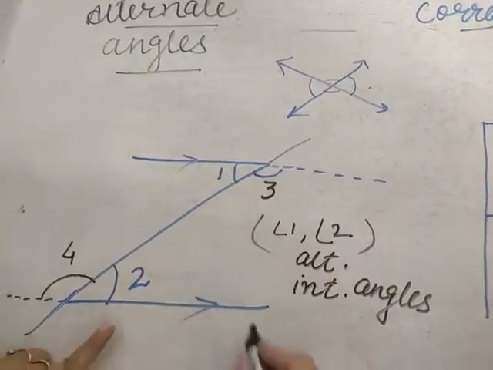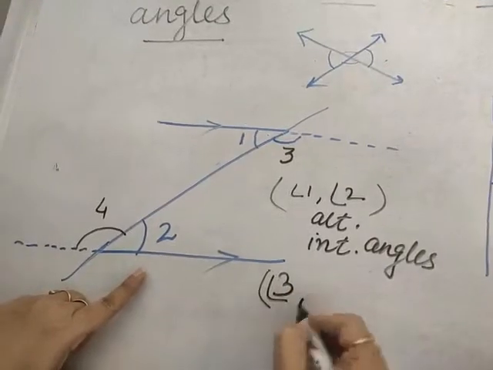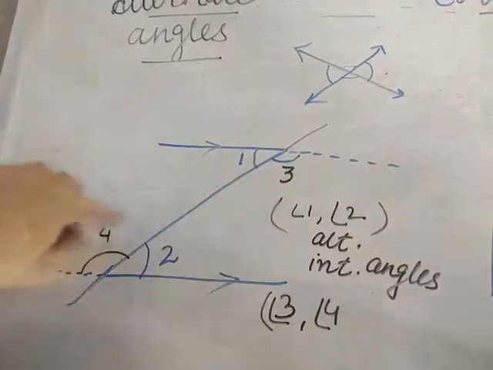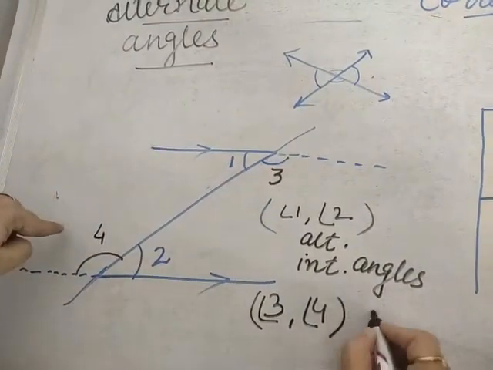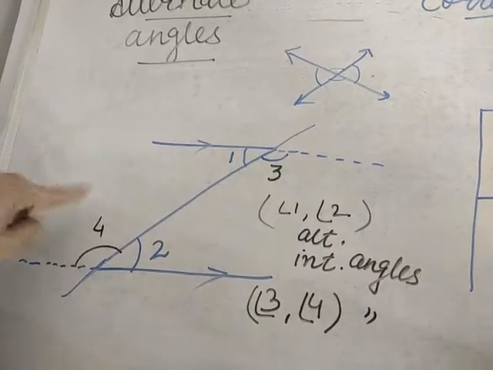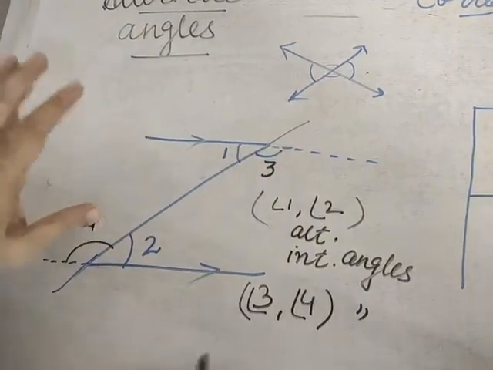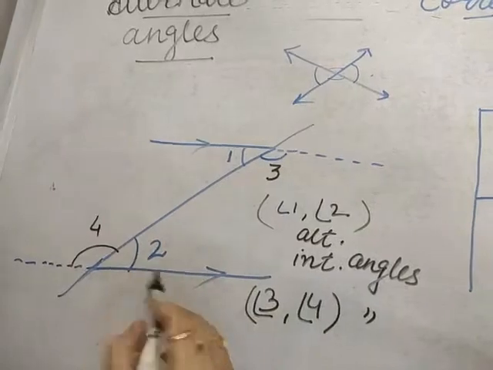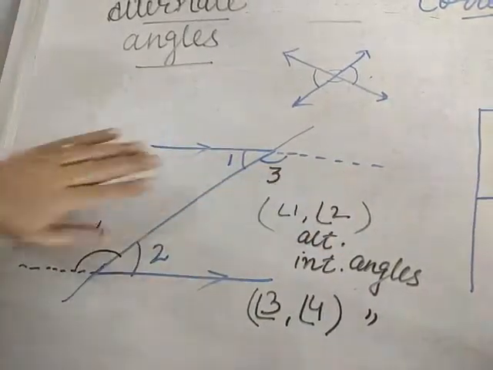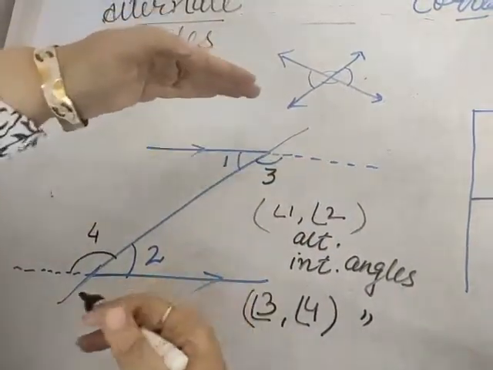Similarly, I will say angle 3 is alternate to angle 4. It is the next pair of alternate interior angles. I am using the word interior because this is the interior portion between the two parallel lines.